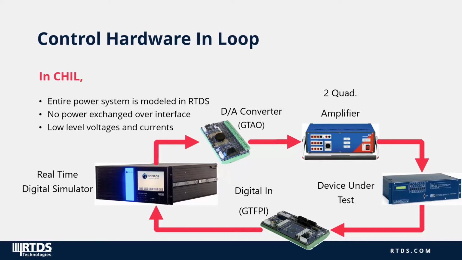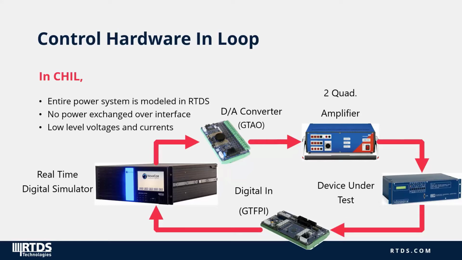Some of the key points to note in this control hardware in the loop setup is that the entire power system is being modeled within the RTDS. The other point to note is that the amplifier here isn't really exchanging any significant power with the device under test. The amplifier is really only being used to boost the voltage and current signals up to the appropriate levels so that the relay can accept these signals.